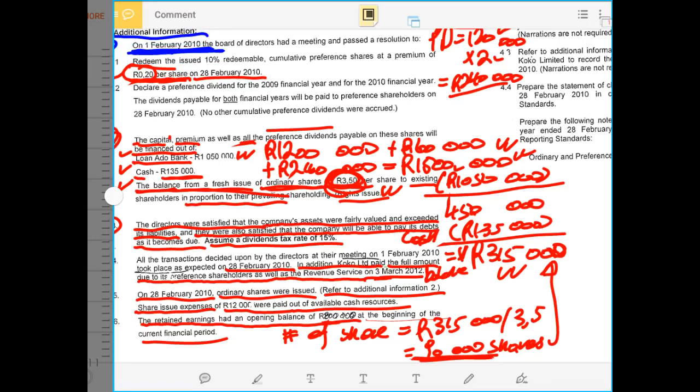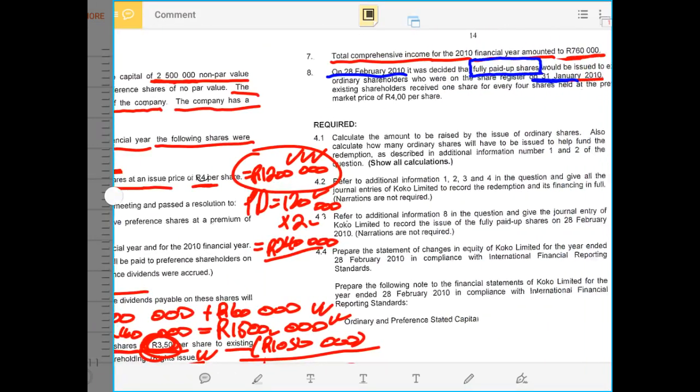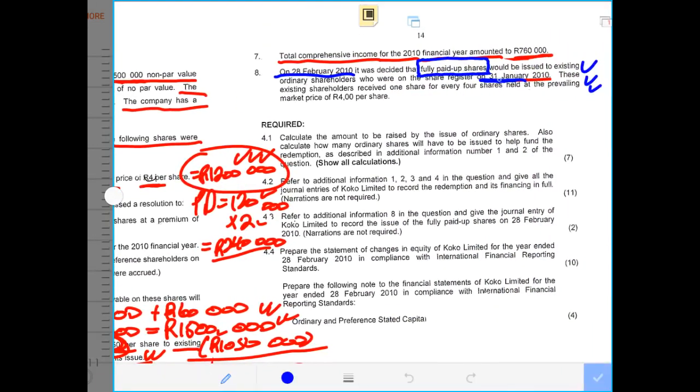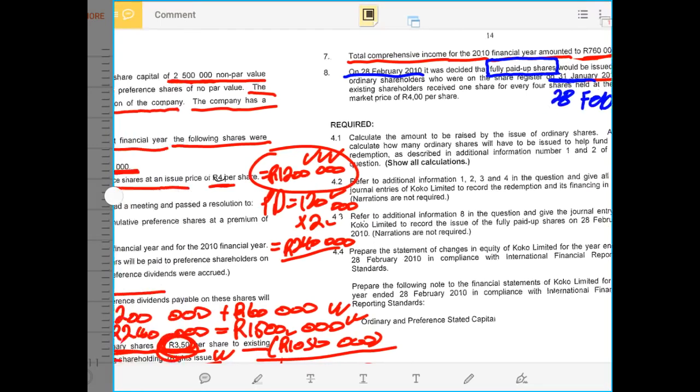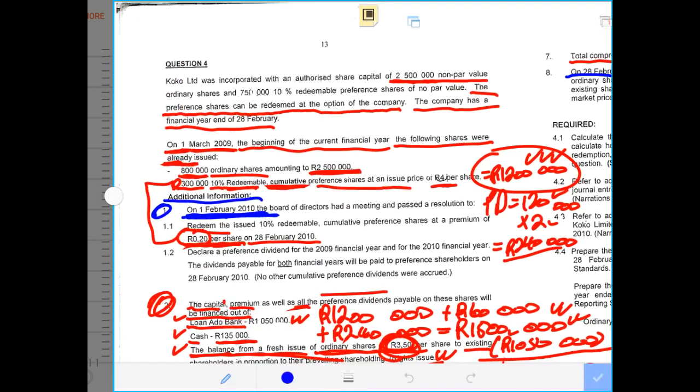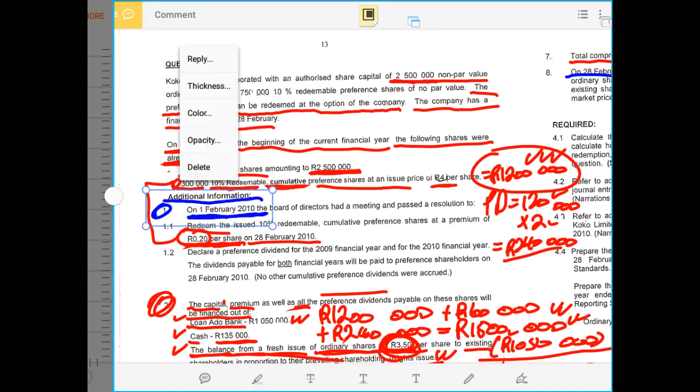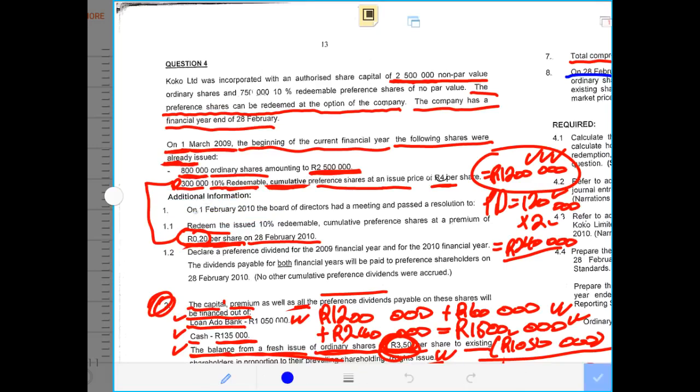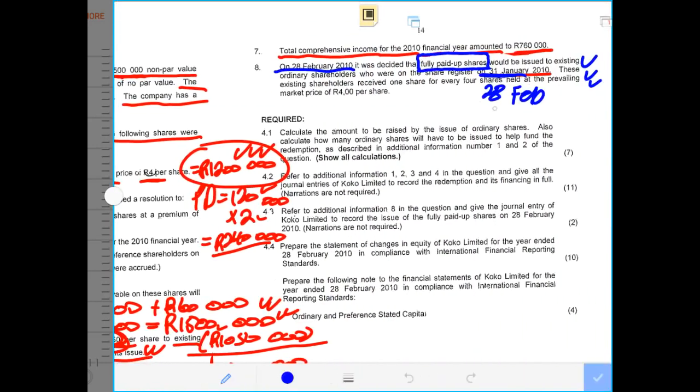So now that means if this entry, let me just give you the other side of the coin. If this date was, let us say, the 28th of February, then obviously the 28th of February is after the 1st of February. That means this entry will be applicable in this case, because the 1st of February would have been before the 28th of February.